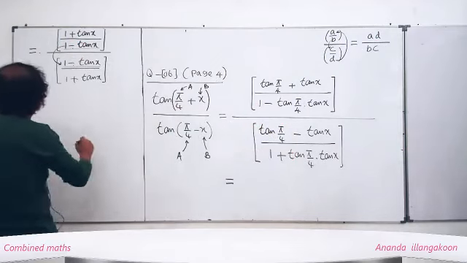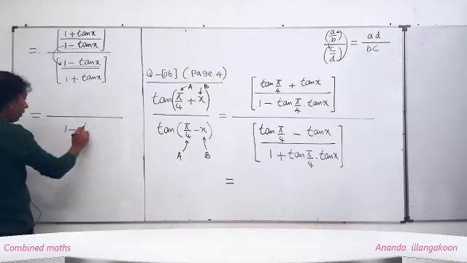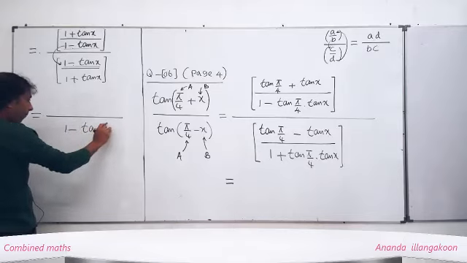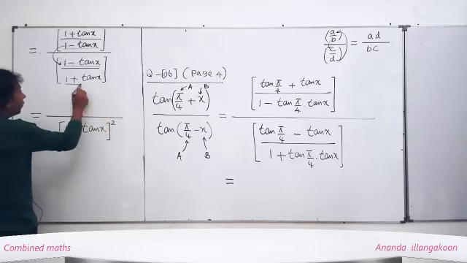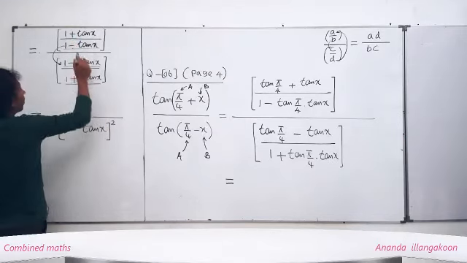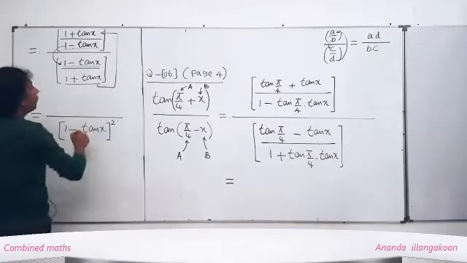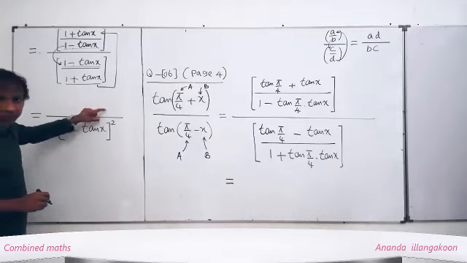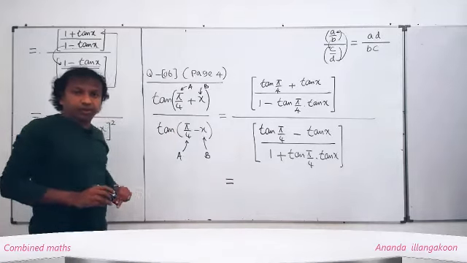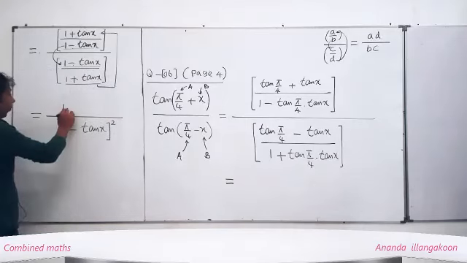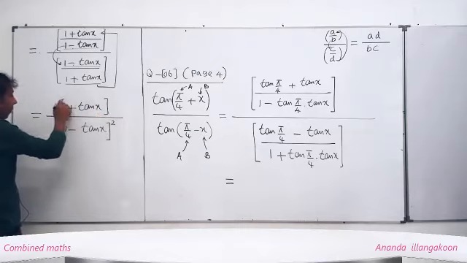Right. And this part we have to multiply. Then 1 plus tan x, this is also 1 plus tan x. 1 plus tan x into 1 plus tan x is 1 plus tan x whole squared.